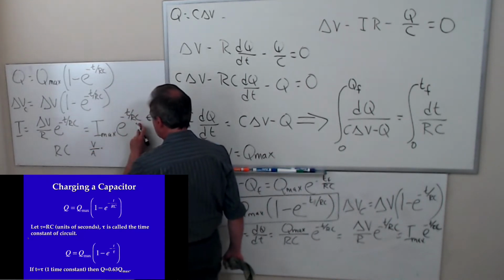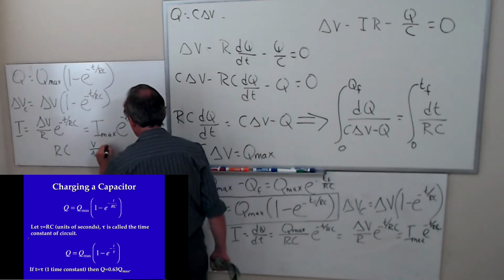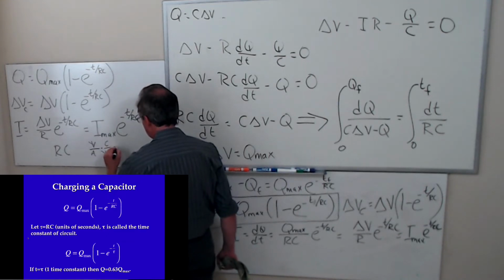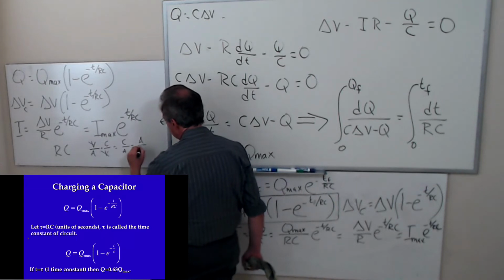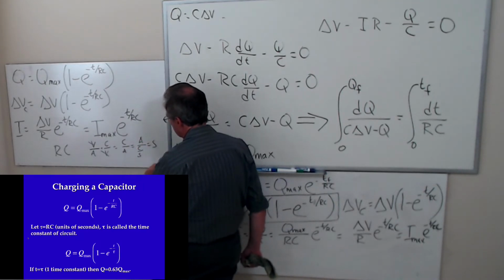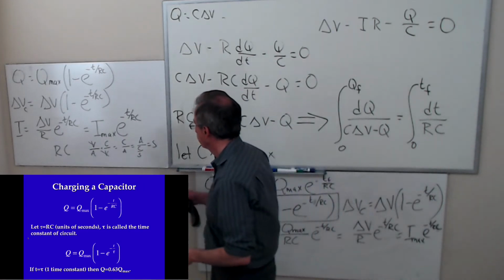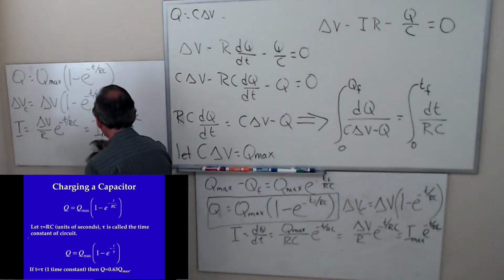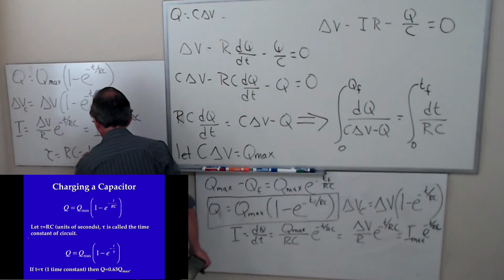The units for C is coulomb per volt, which gives me a coulomb per amp. But an amp is a coulomb per second. So the units of RC is seconds. And so a lot of times we define the letter tau to be RC and call it the time constant.